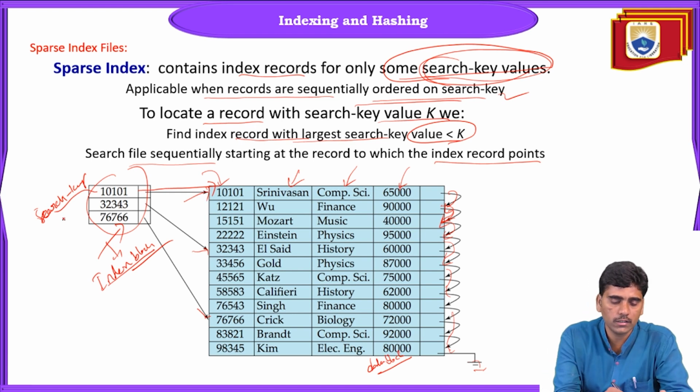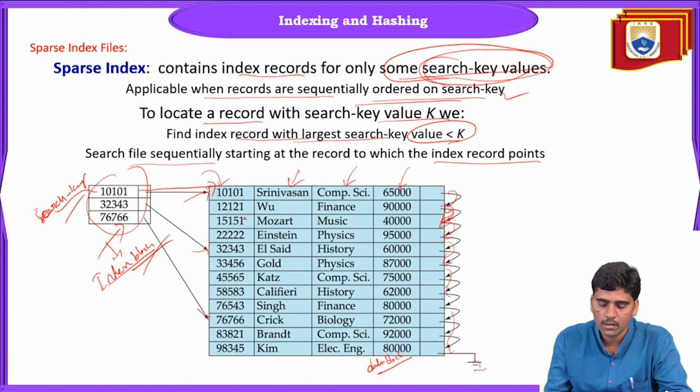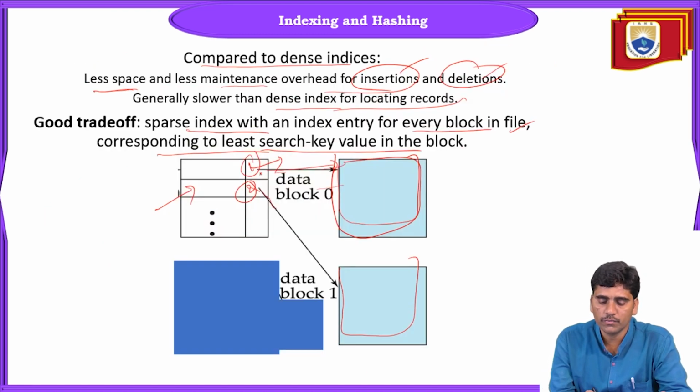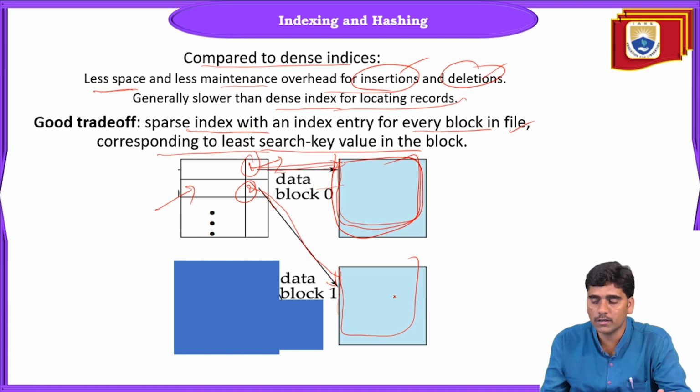So the index block contains indexes, and the data blocks contain data. The first index points to data block 0 and the second index points to data block 1. Because of that, compared to dense indices, it gives a good trade-off.